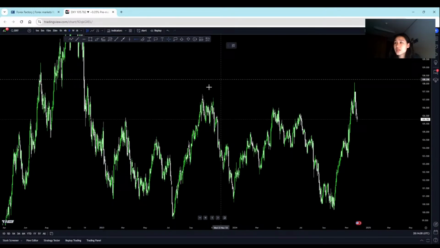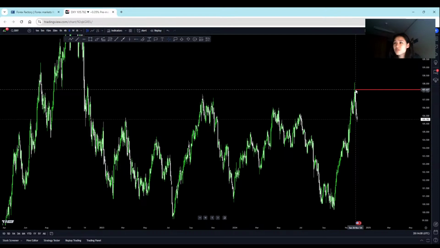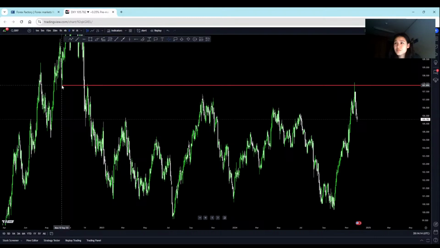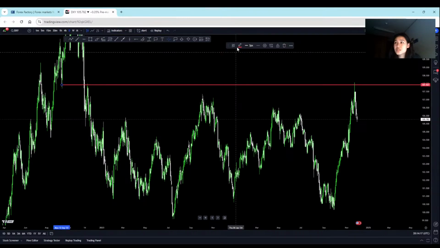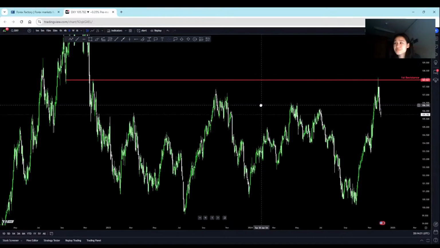So let's go ahead and add our support and resistance levels. I'm going to start off by adding our first resistance up here.